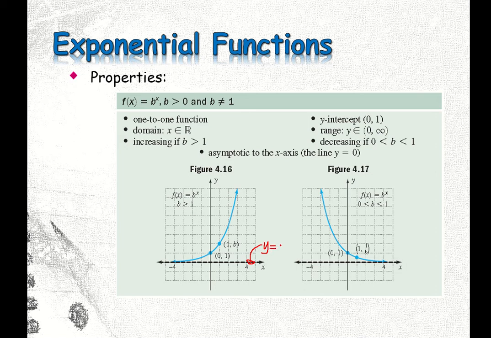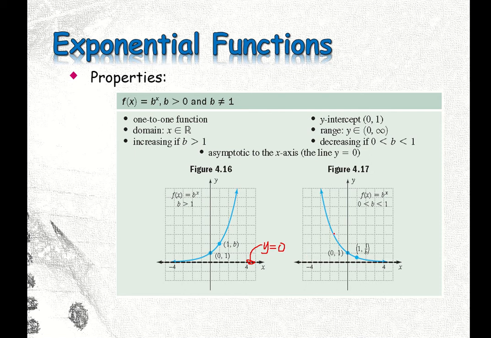So asymptotic, what does it mean? It means that the graph will come closer and closer to the x-axis, but it won't touch the x-axis. As the value of x decreases, the function will come closer and closer to the x-axis.